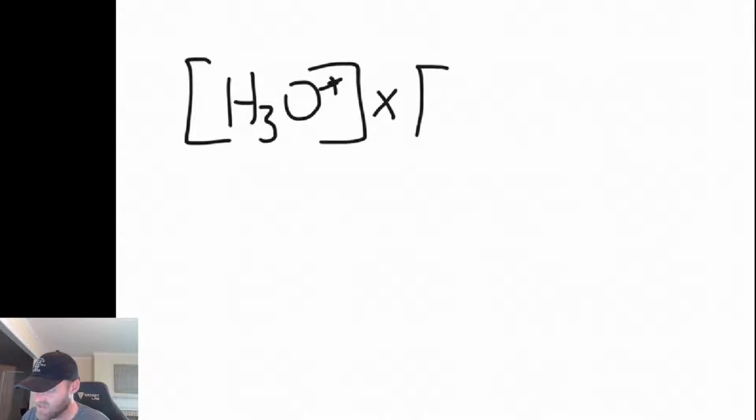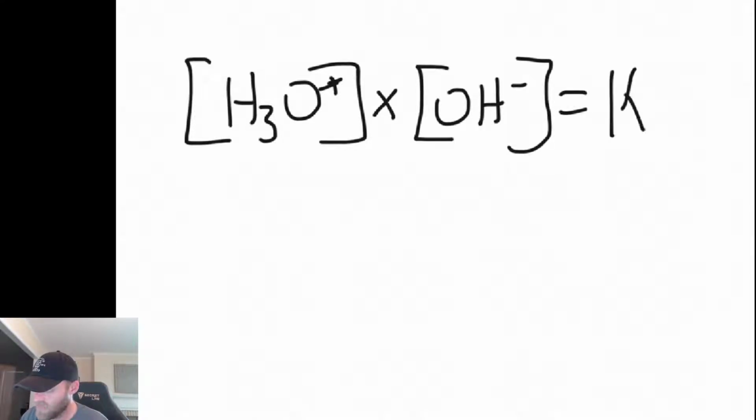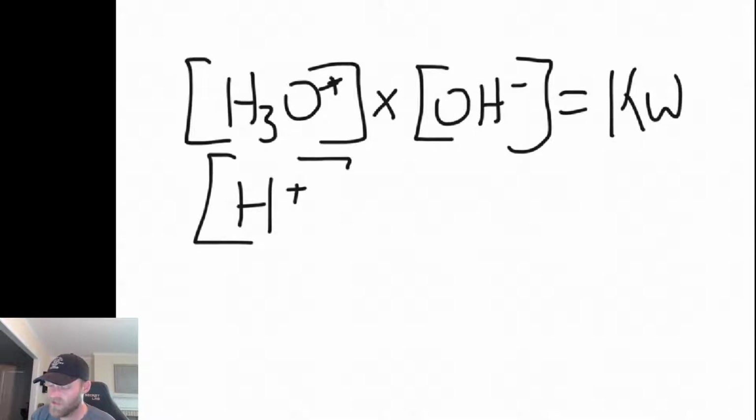So this is the mathematical basis for everything that you're going to do concerning concentration. Remember, these brackets mean concentration: concentration of hydronium ions, or concentration of protons, hydrogen ions. H3O plus can also be thought of as H plus concentration. Okay, but I'm going to take that off because I don't want it on there right now.